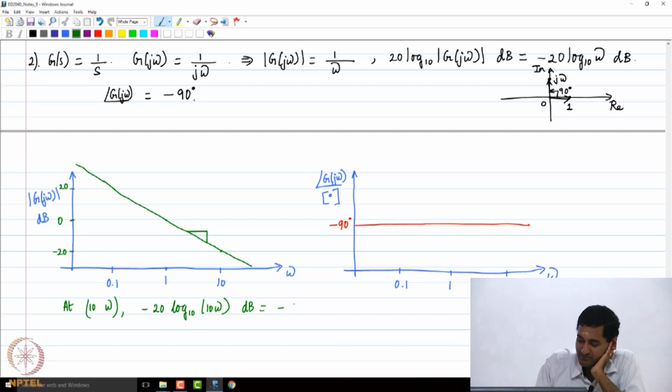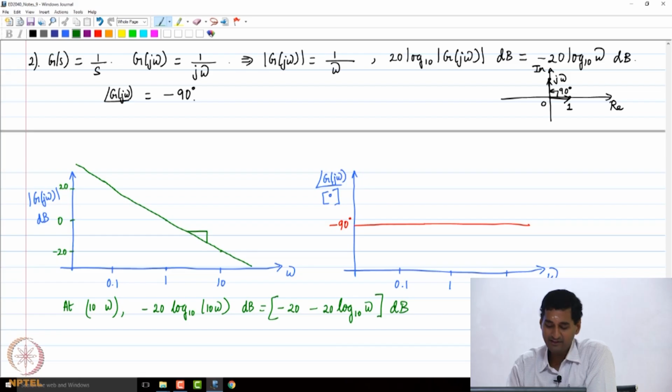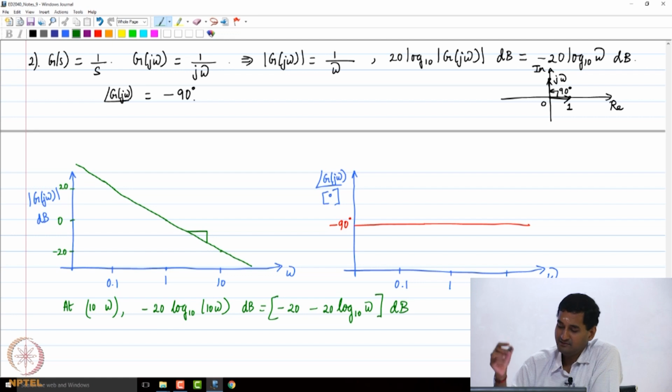So you take any omega, the value is going to be minus 20 log omega decibels. You go to 10 omega, what's going to happen? The value is going to decrease by 20 decibels.